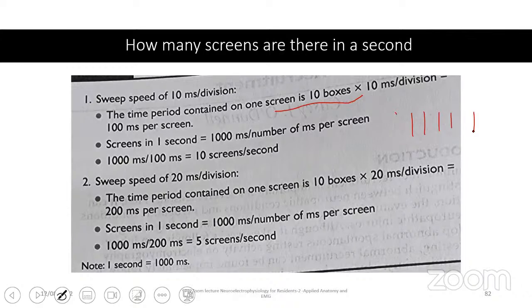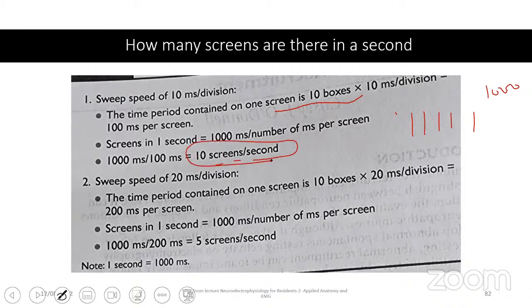And 1 second is equal to 1000 milliseconds. So screens in 1 second is equal to 1000 milliseconds divided by the number of milliseconds per screen. So here 100 milliseconds, that is 10 screens per second you have to see.